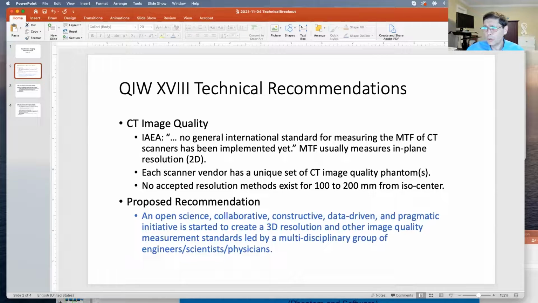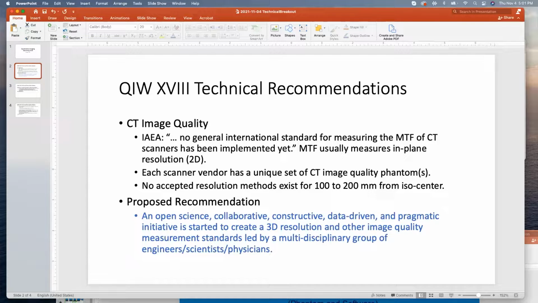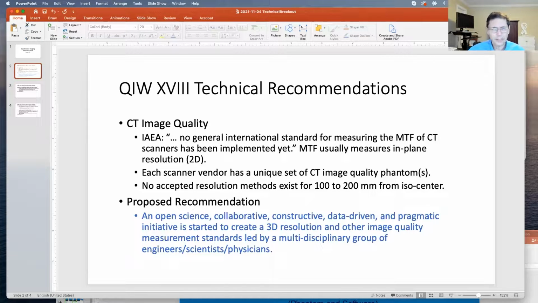So we're living in a literal Wild West world, where you can be delivered any resolution. Now, it's not that bad, but we have tons of examples of problems with losses of resolution that we were not expecting.